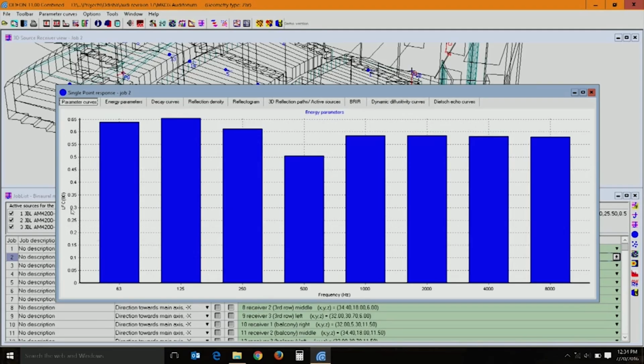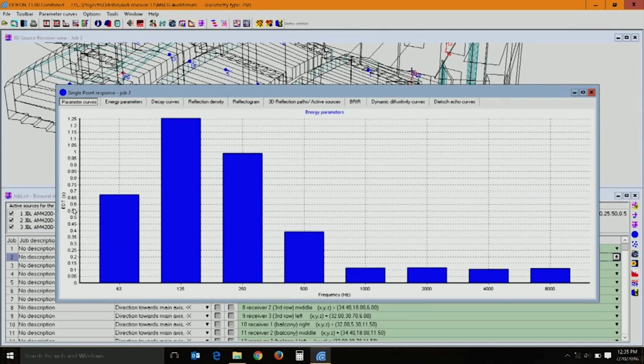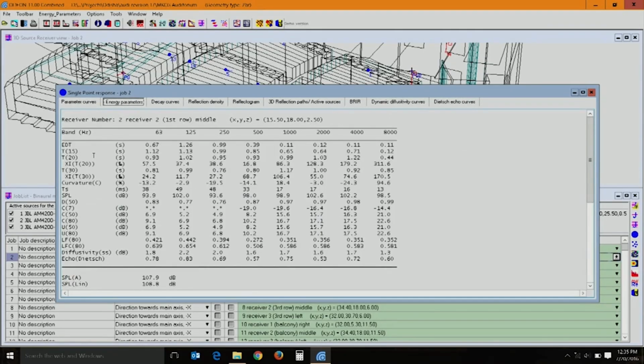There are lateral fractions, diffusivity, echo probability, plus you get a summary at this particular location. At this point, what is the specific reverberation time, what is the clarity. Let us take a look at the clarity value, say at 1000 Hz, C80 is around 15.6.